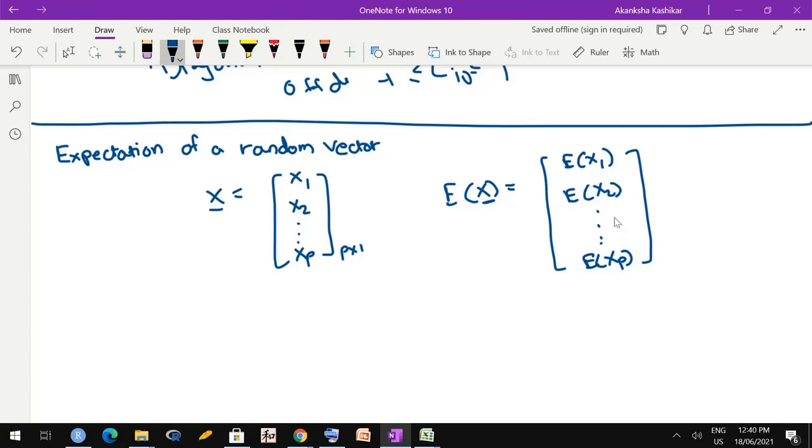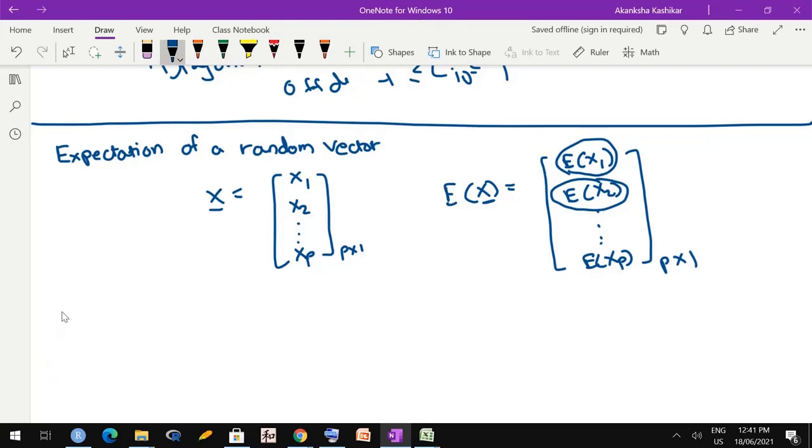Did you get what I am saying? Let me repeat. Expectation of a random vector is simply a vector prepared by taking expectations of the individual components. So it is again having the same length p. Remember, each of these is a scalar value, because x1 is a single variable, x2 is a single variable. So this is how we define expectation of a random vector.